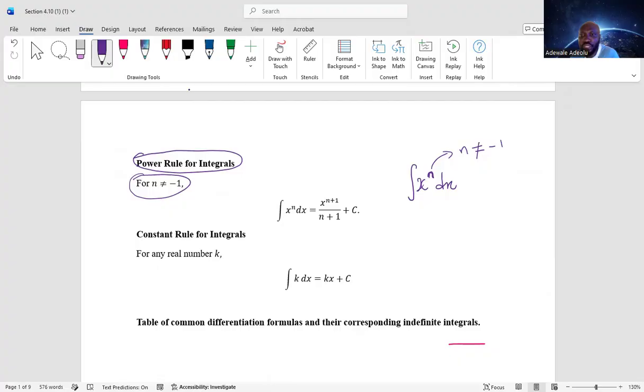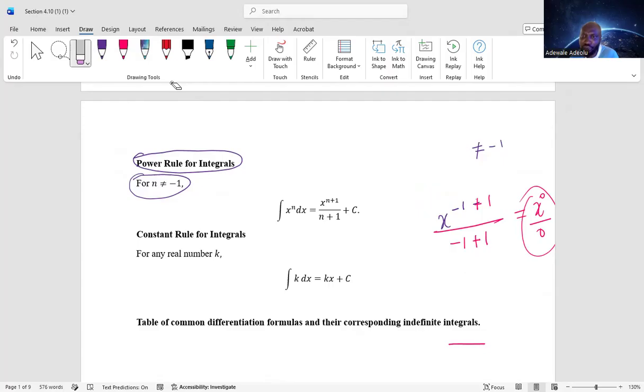Now, why do we want n to be different from -1? Look at this. Suppose we have -1. If we add 1 to that, we need to divide by that new result. So we will have x raised to power 0 divided by 0, which does not make sense. We cannot divide by 0.